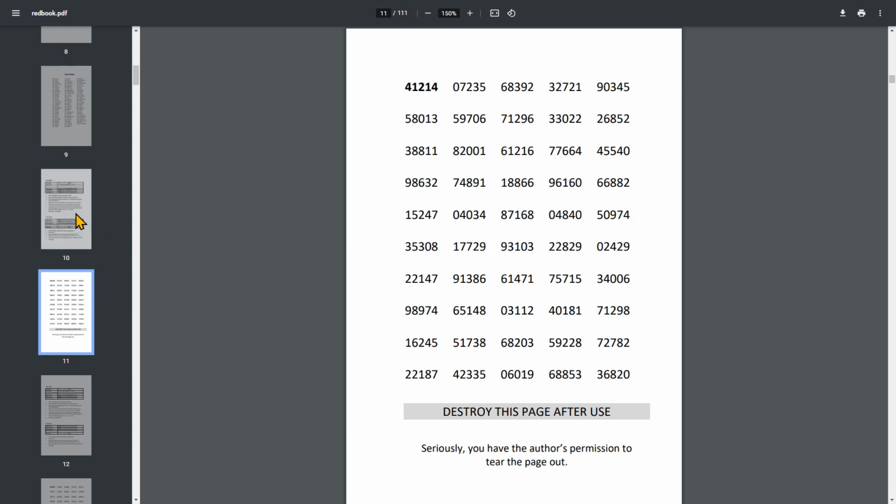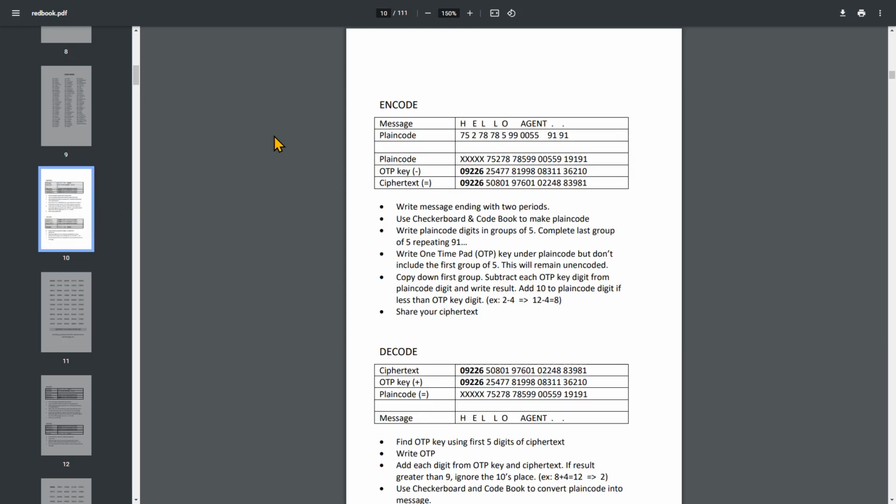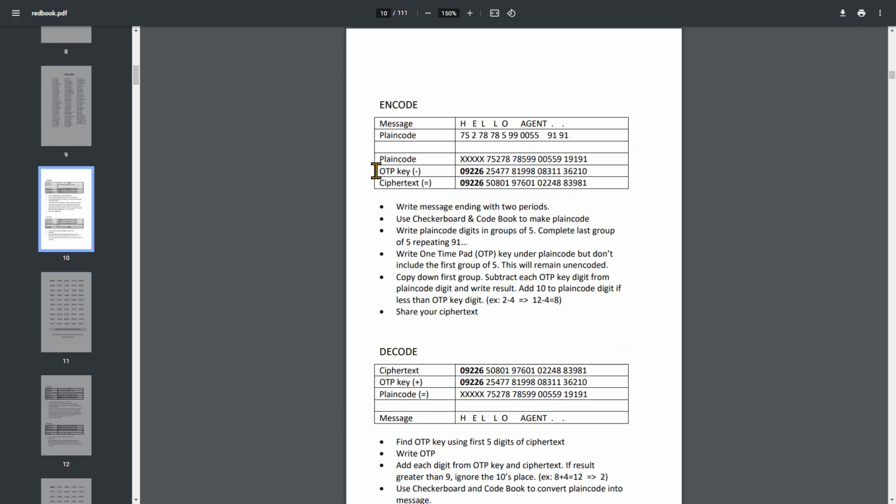So let's take a look at what we're going to do in this message. Before we get started, let's look at this facing page. Every one of these one-time pad sheets has a facing page, which is a quick summary of what the encode-decode process is.